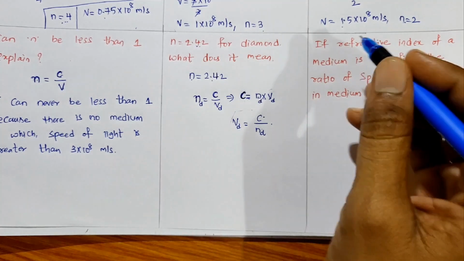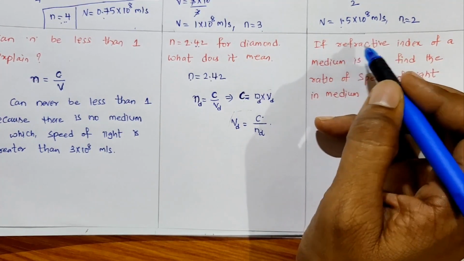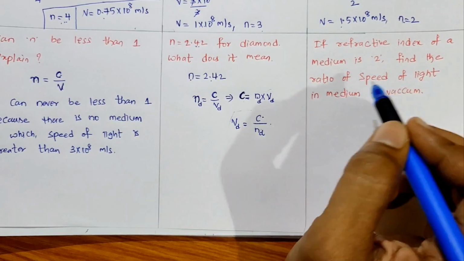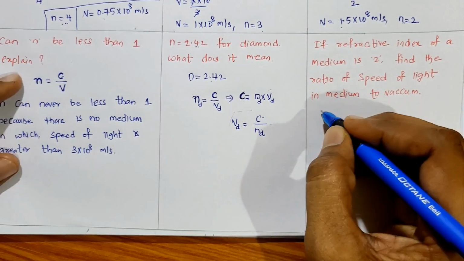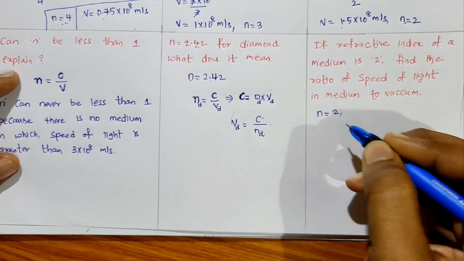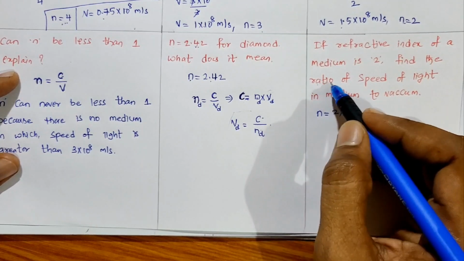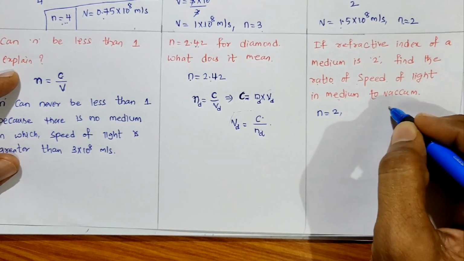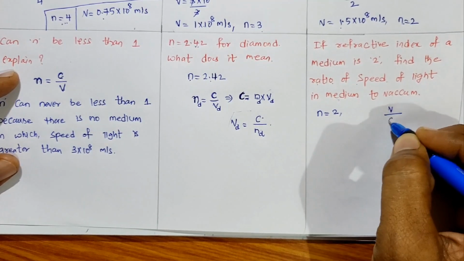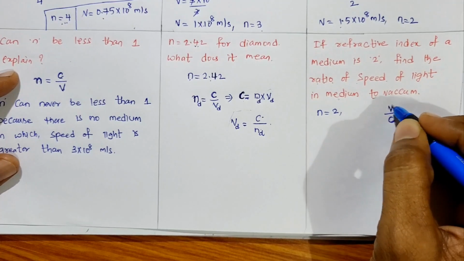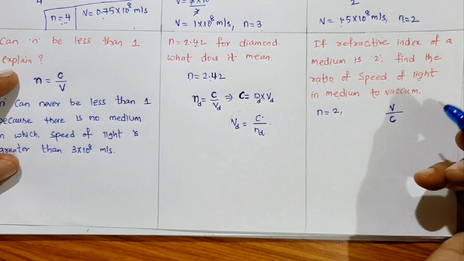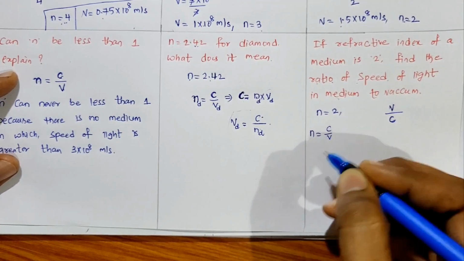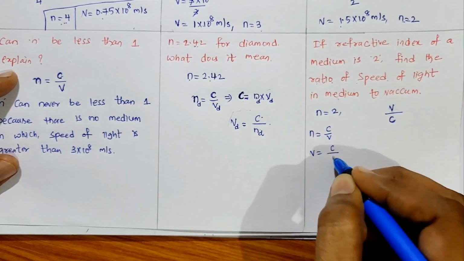Okay, now see here. If the refractive index of a medium is 2, find the ratio of speed of light in medium to vacuum. They gave n is equal to 2. We have to find the ratio of speed of light in medium, V, to speed of light in vacuum, C. V by C we have to find, not C by V. First find V. We know that n is equal to C divided by V, so V is equal to C divided by n.